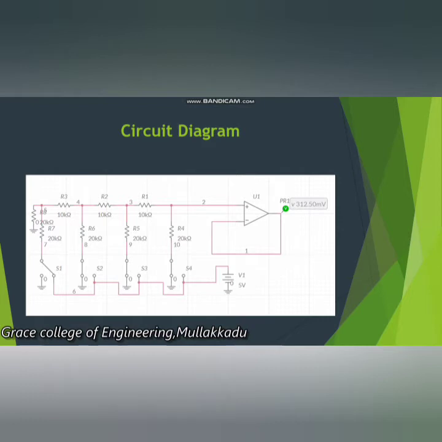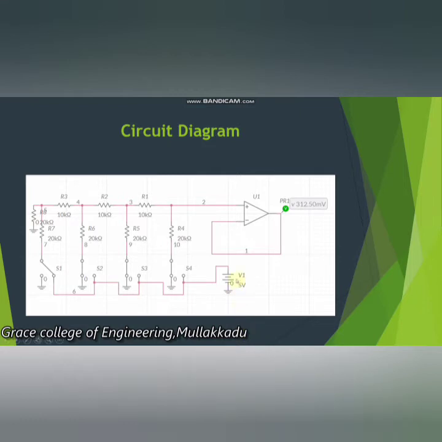R2R ladder network. Here we are using 4 digital inputs 1, 2, 3 and 4, which are given through the switches S1, S2, S3 and S4, where S1 can be connected to either 0 or V reference, and S2 can be connected to either 0 or V reference, S3 can be connected to either 0 or V reference, and S4 can be connected to either 0 or V reference.